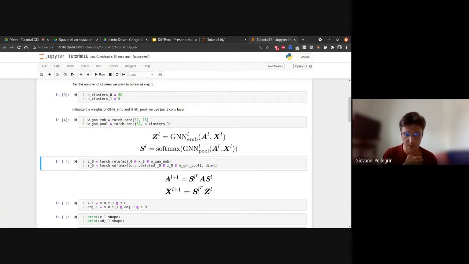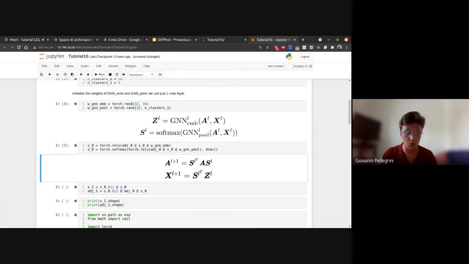As we can see here, the input of the embedding graph neural network is the adjacency and the node feature matrix, in order to obtain the Z and the S. Here we simply do the matrix multiplication that we need, as we would in a graph convolutional layer, to obtain the two matrices for level 0, or the first level, as you want to see it.